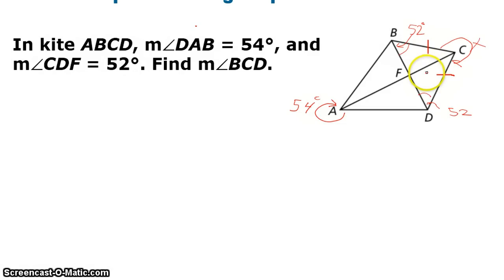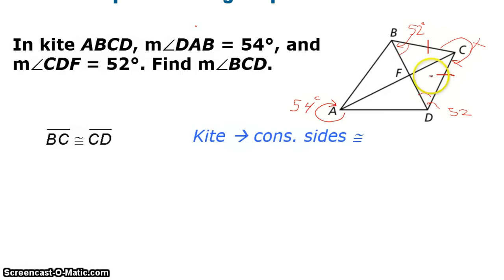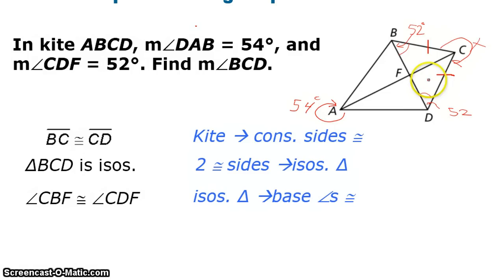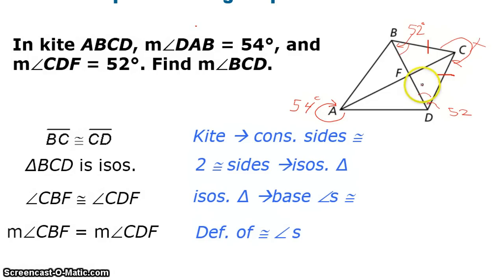So let's go back and look at what we did. We have our two sides that are congruent. We get that from our theorem, so we set those two sides congruent to each other, therefore giving us our isosceles triangle. And if we have an isosceles triangle, we know that those base angles are congruent to each other, which makes them equal. Therefore, we can find our third angle.